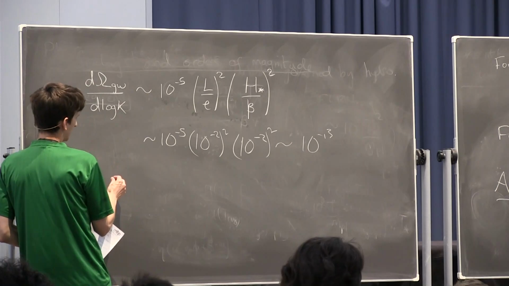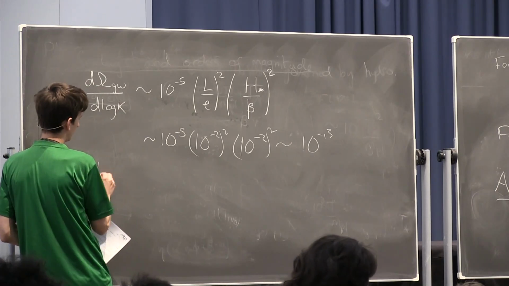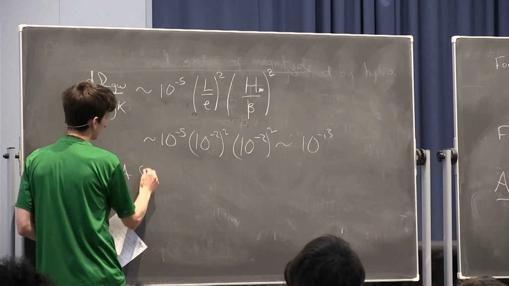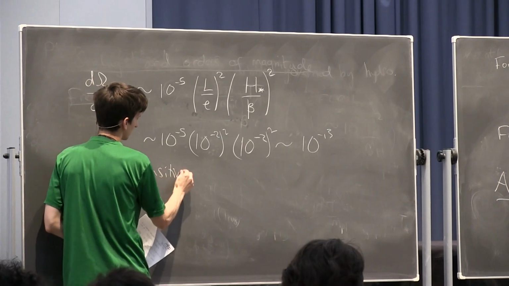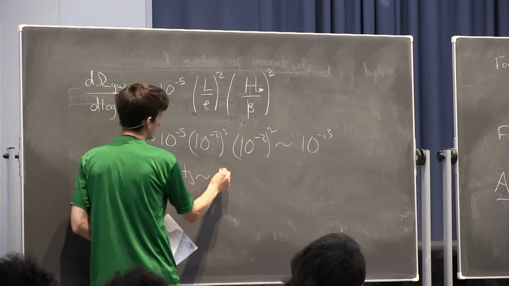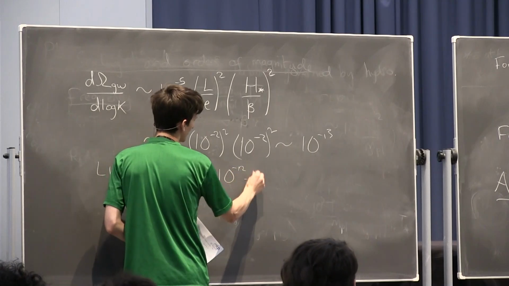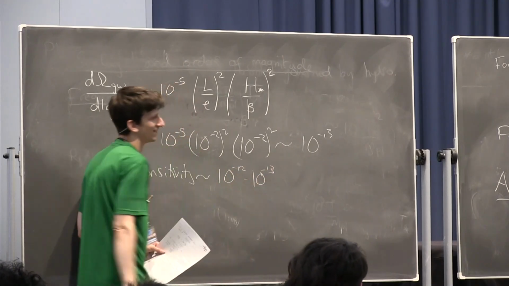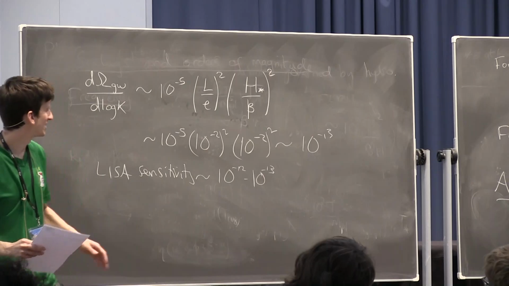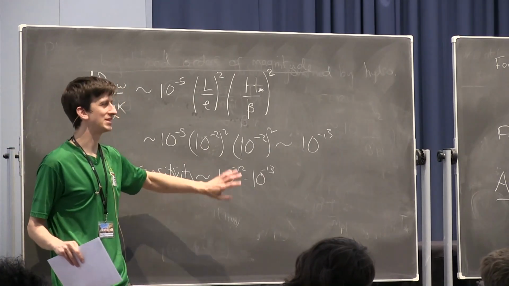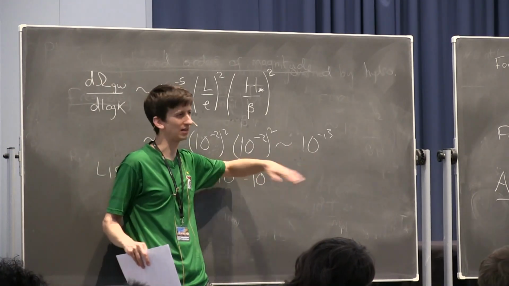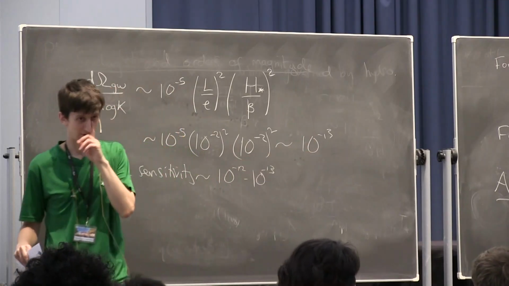And it turns out that the LISA sensitivity is 10 to the minus 12 to 10 to the minus 13. So it's just a little bit not quite sensitive enough to be sensitive to a standard, middle-of-the-road electroweak scale phase transition.